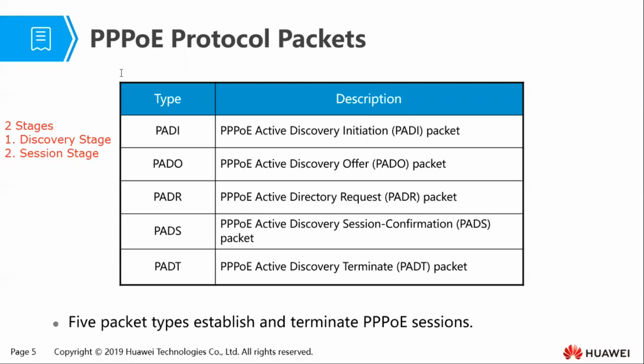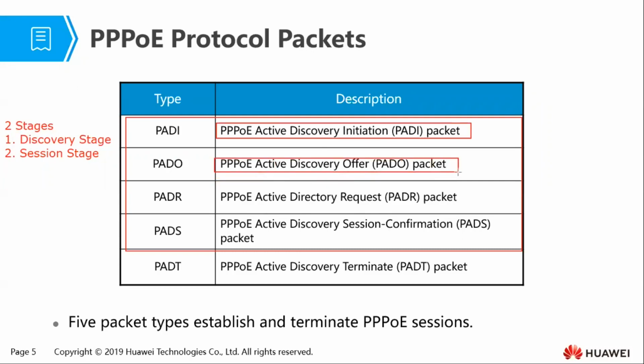So to do that, we use these 4 packets: the PPPoE active discovery initiation packet, the PPPoE active discovery offer packet, then the PPPoE active discovery request packet, and the PPPoE active discovery session confirmation packet.